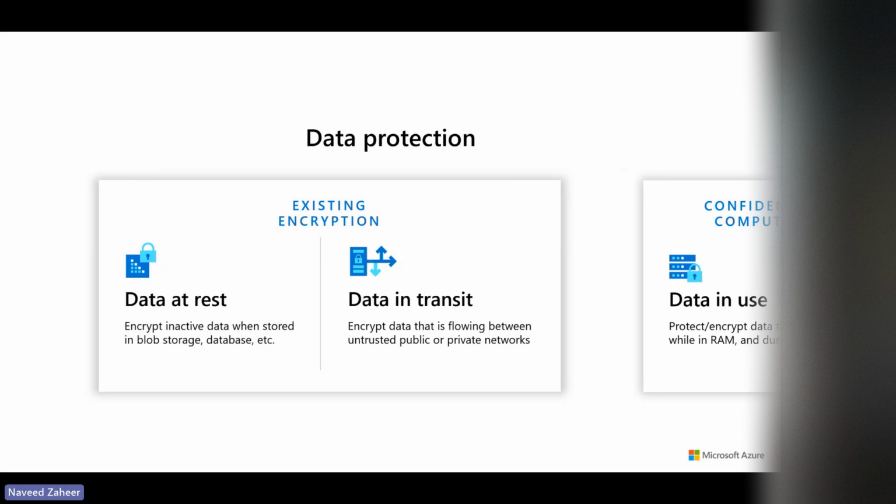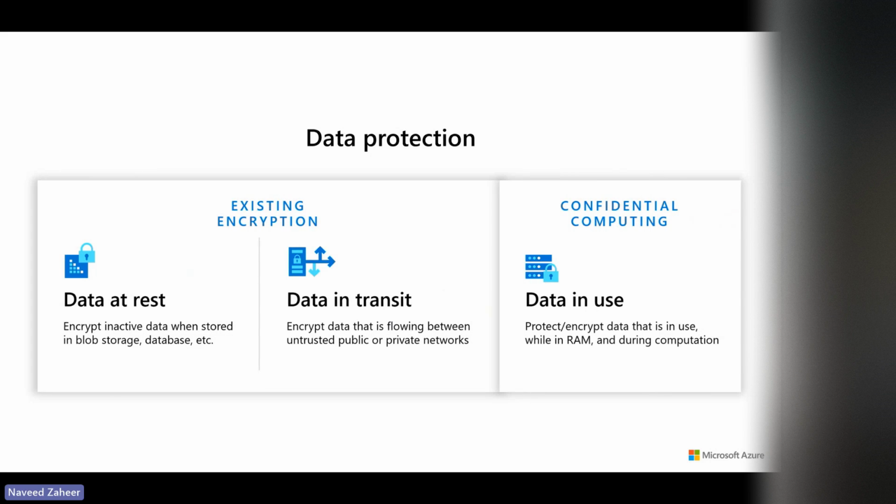But what about when the data is in use? Think of a scenario where you have confidential data, and I'm going to go into a bit more detail. Let's say that you have customers' social security numbers and their health information in a system.